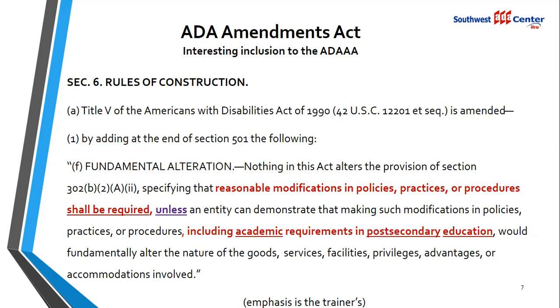It's Title V, the Americans with Disabilities Act of 1990 is amended by adding at the end of Section 501 the following: fundamental alteration.